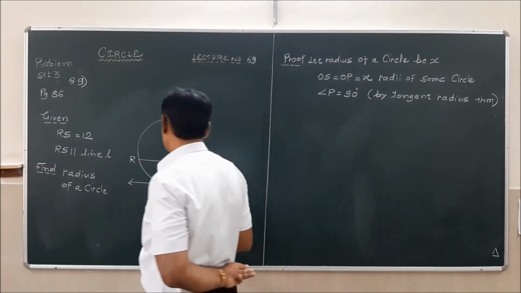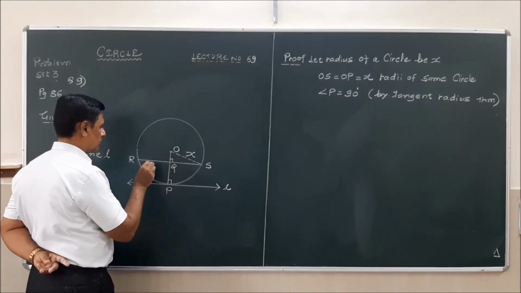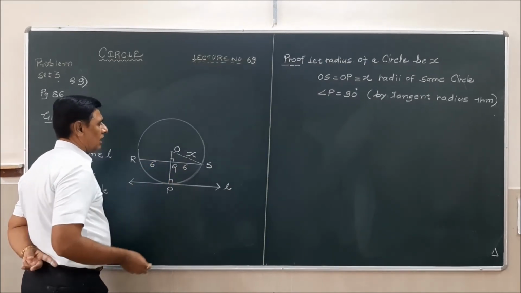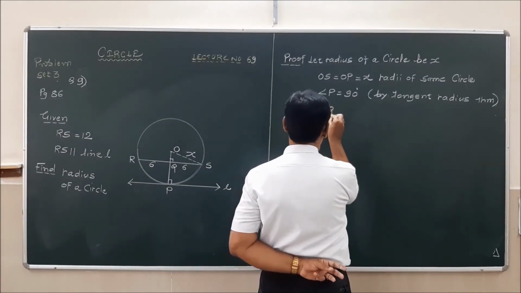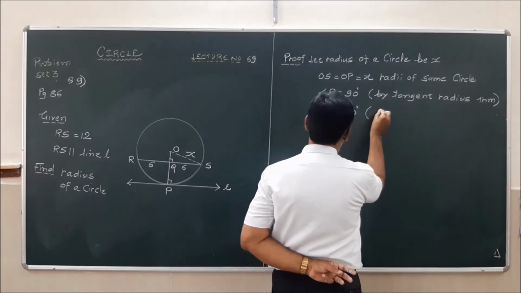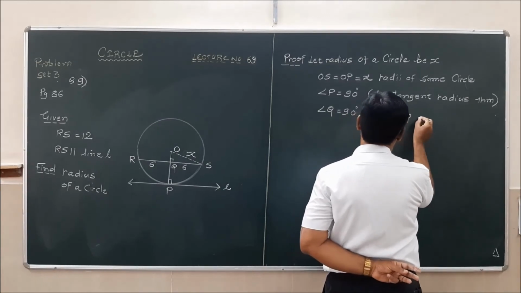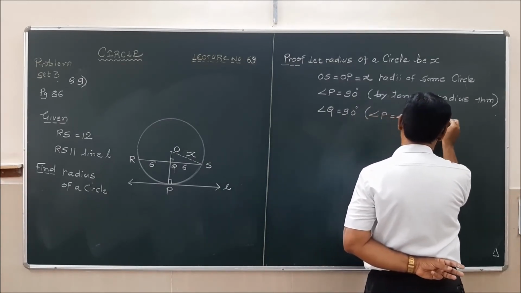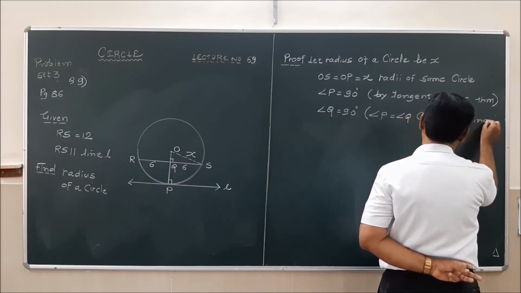Now angle Q is equal to 90. Angle P is equal to angle Q, they are corresponding angles.